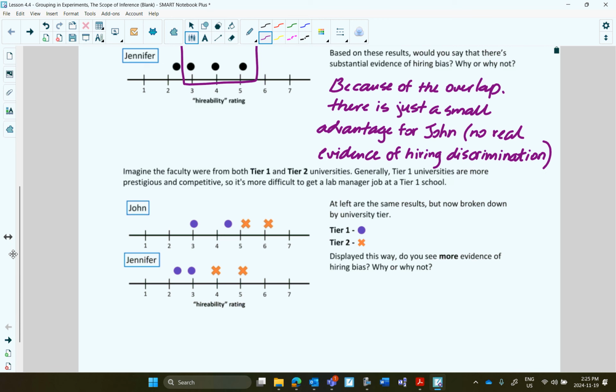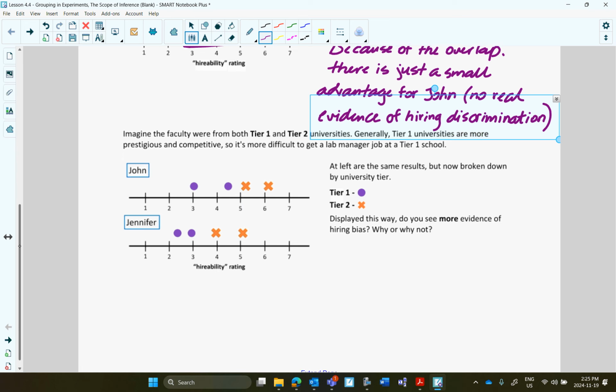Notice the purple ones are faculty members from Tier 1 universities, and the orange X's are faculty members from Tier 2 universities. If you compare the purples and compare the oranges, do you see more evidence of hiring bias? Yes, because it looks like there's a significant difference. And same with here, there's some overlap, but there seems to be more of a significant difference.